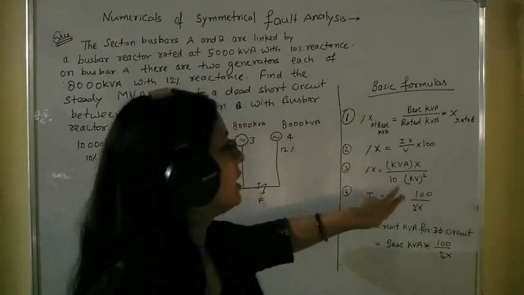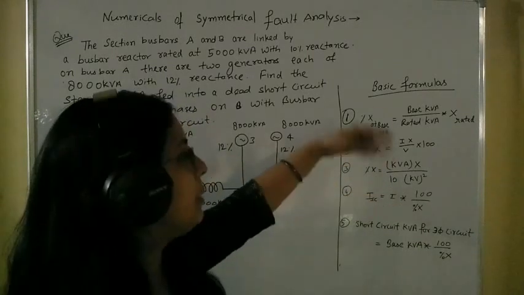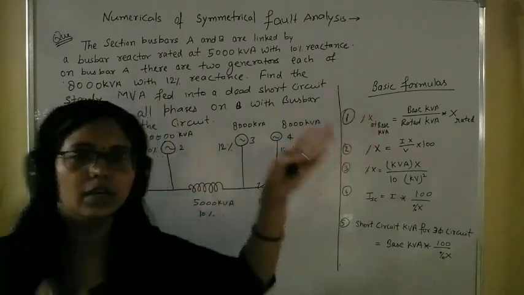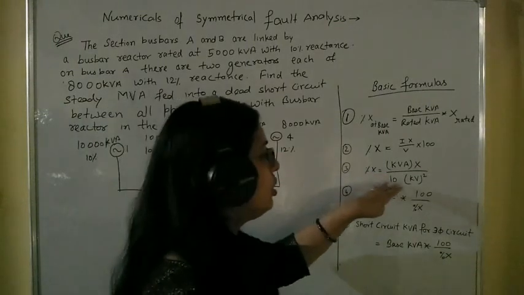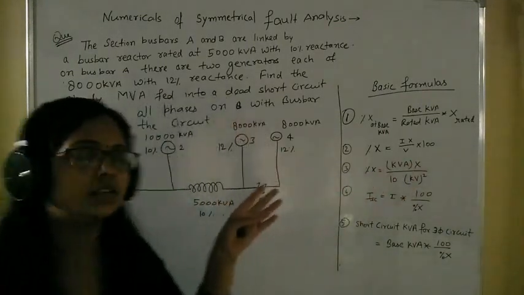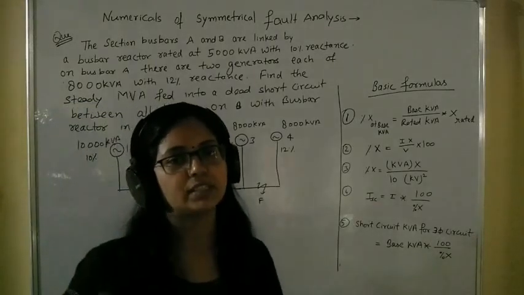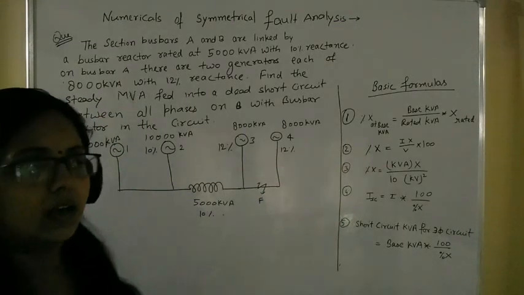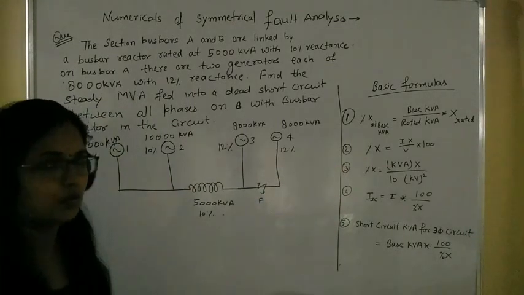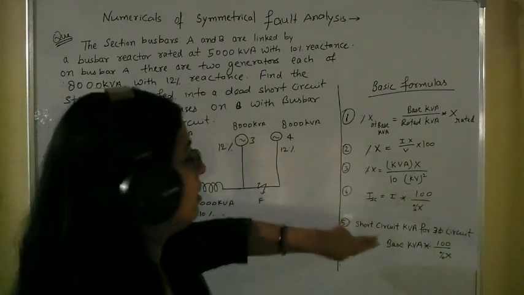This formula is basically an extension of the previous formula. By multiplying 1000 upside and lower side, we can get this formula also. This is a useful formula, because in power system the equipments are given ratings like this, with a kVA value and a kV voltage value. So we will use this formula in that part.